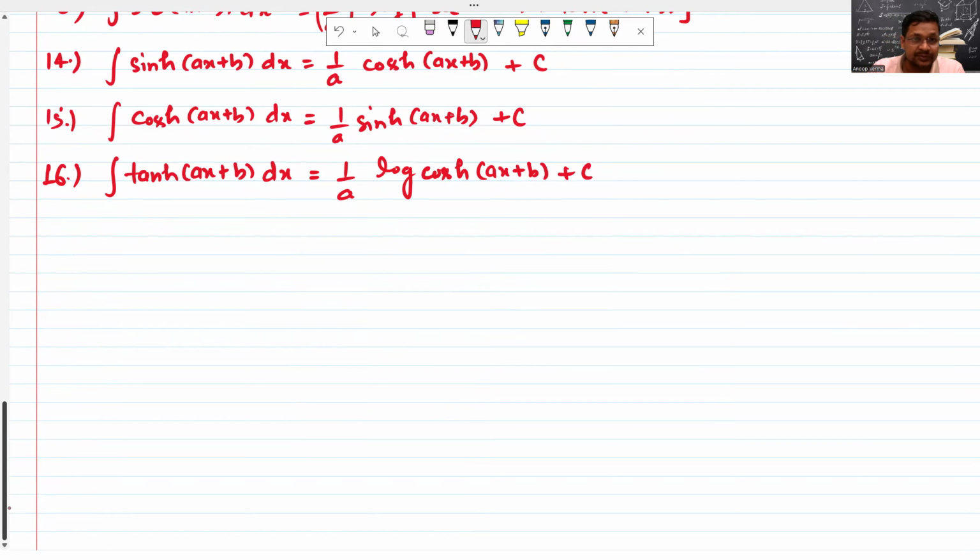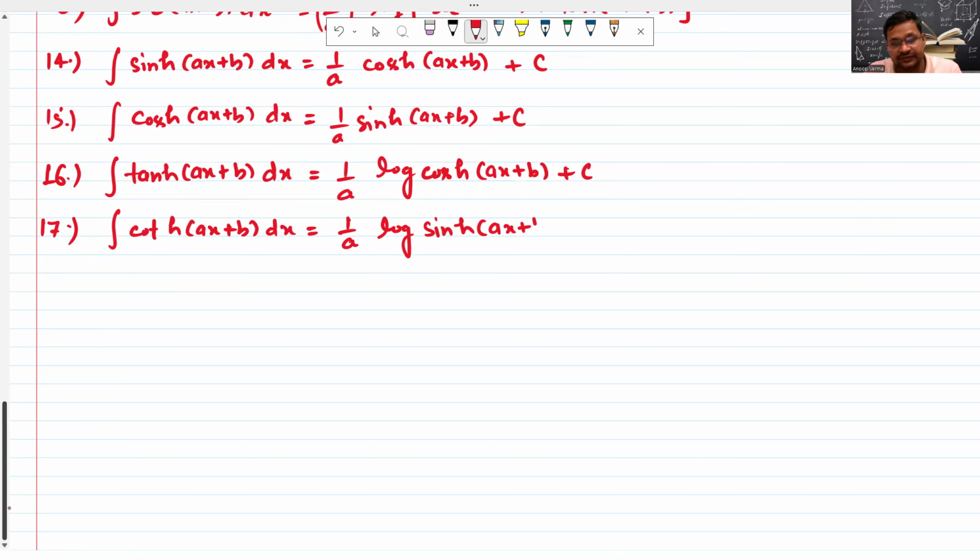Then the 17th formula: the integration of coth(ax + b) dx is equal to 1 upon a log sinh(ax + b) plus some constant c.